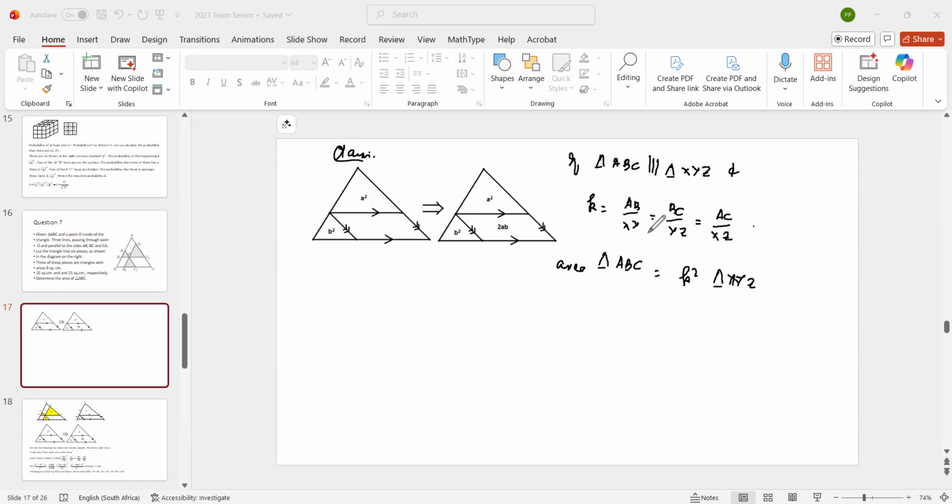All right, so this ratio, what we have got here is the area over this area here. So in other words, the area of one over the other is k squared.